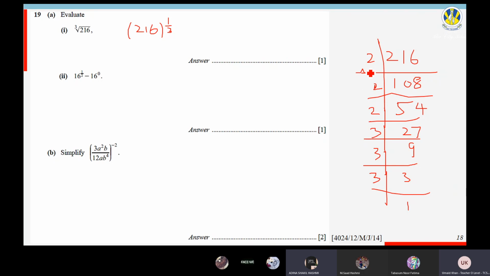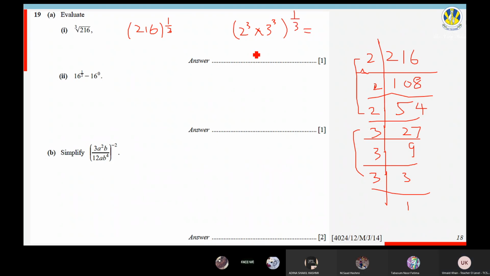Okay, so now these are the prime factors of 216. So how can I write it? I can write it as 2 cube into 3 cube. Can I write it like this? Yes, sir. 2 is multiplied 3 times and 3 is also multiplied 3 times. So I can write it as 2 cube into 3 cube whole power 1 by 3.